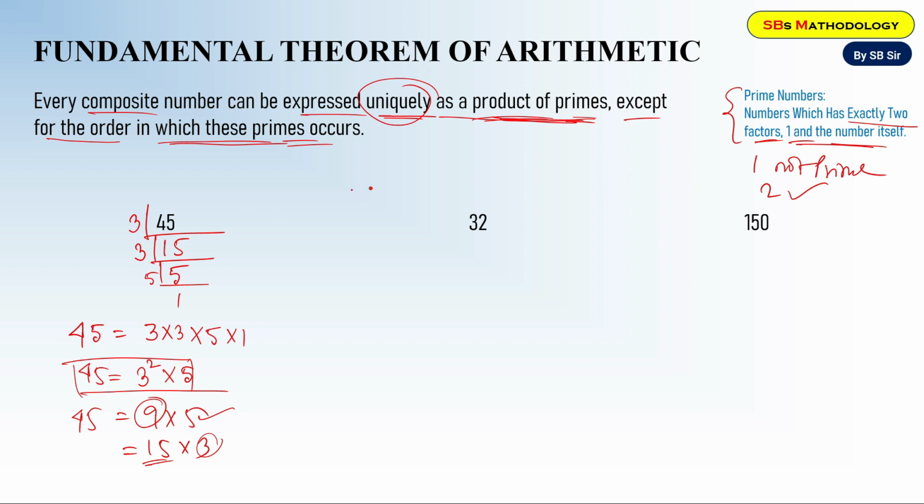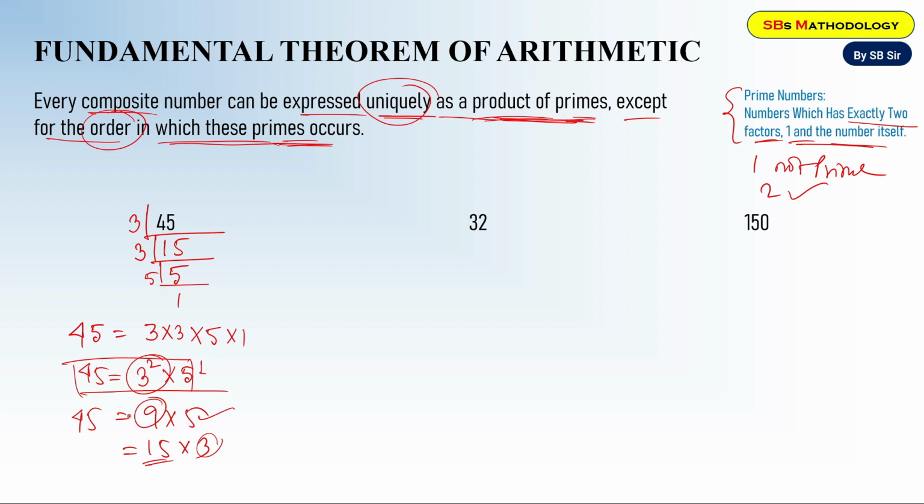Now, what is the exception? The exception says that except for the order in which the primes occur, that is, in that case 5 occurs 1 time but 3 occurs 2 times. So the order of 3 is 2. That doesn't matter. In later examples there will be numbers in which a prime occurs more than 3 times.